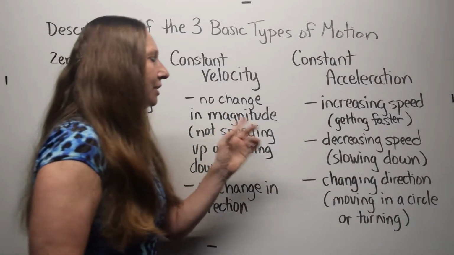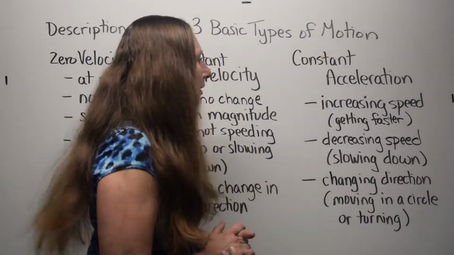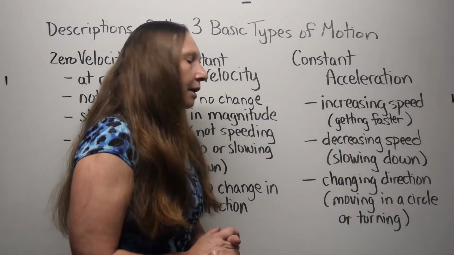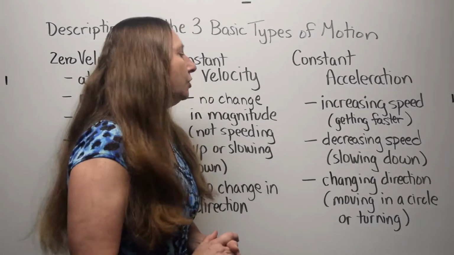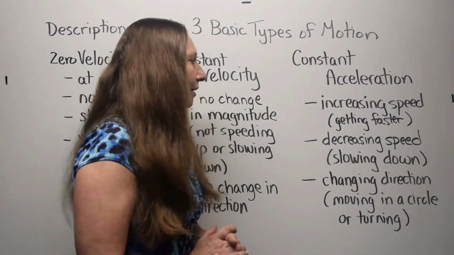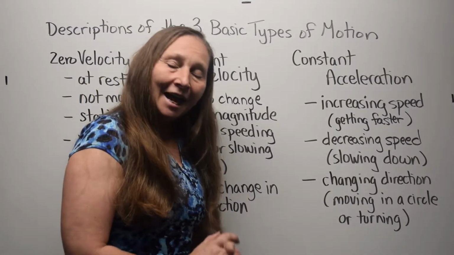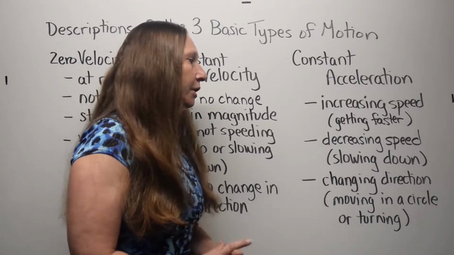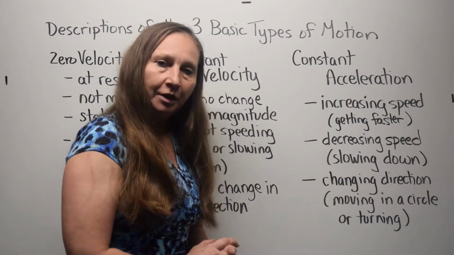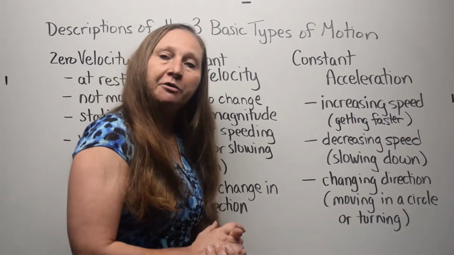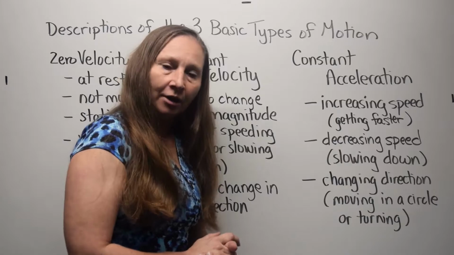Now, constant acceleration would mean that your velocity is changing. There are two ways to do that. Either you are changing the magnitude of your velocity, which means you are increasing your speed or decreasing your speed. In other words, you're getting faster or slowing down.